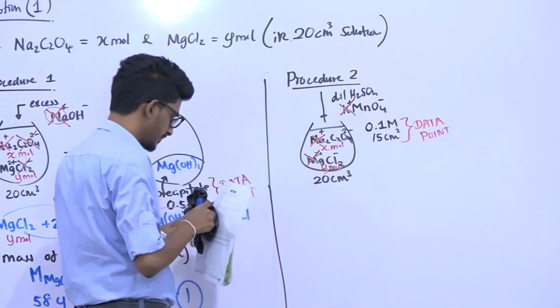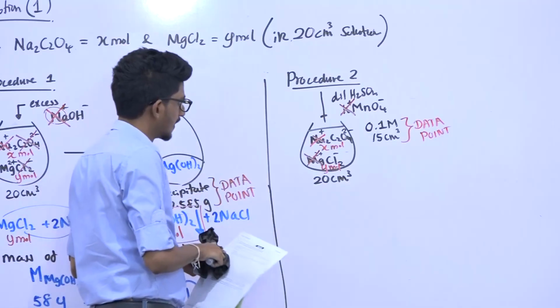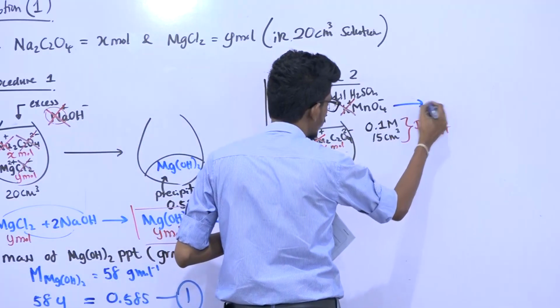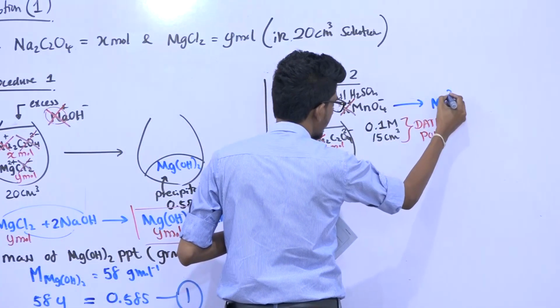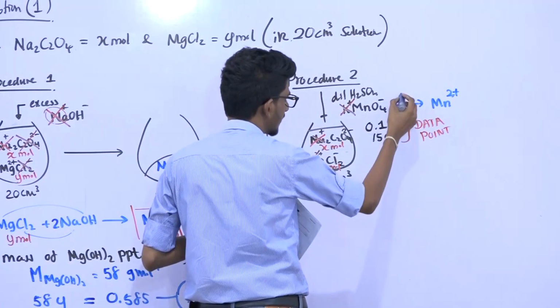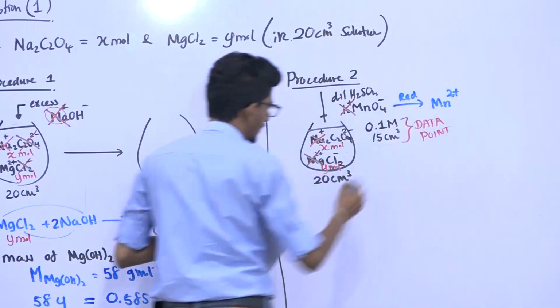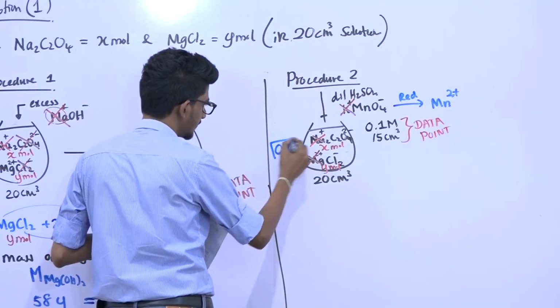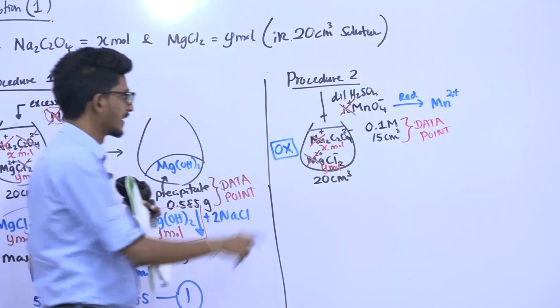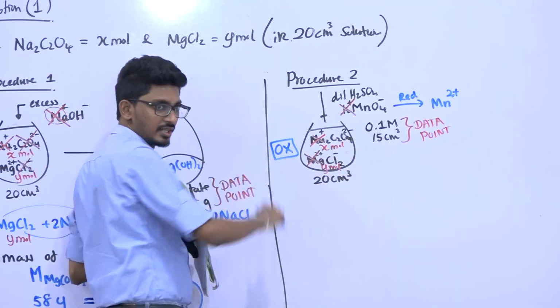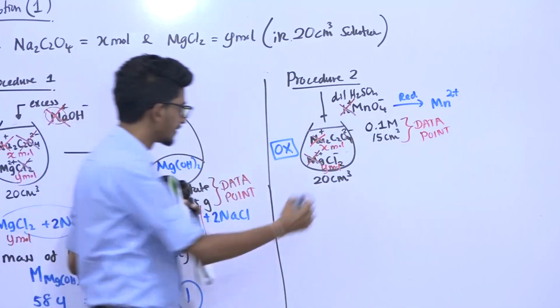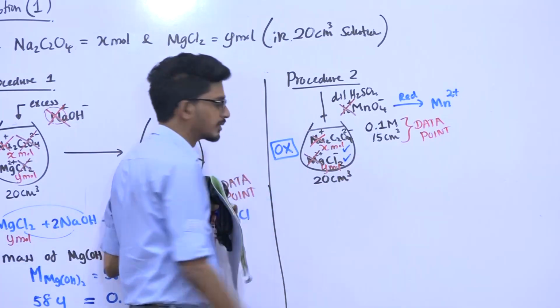So what happens here? MnO4 minus always tends to go towards Mn2 plus, right? It's a reduction, so we are expecting some oxidations here. So oxalate can get oxidized as well as the Cl minus. Both will get oxidized, right? So two reactions are possible there.